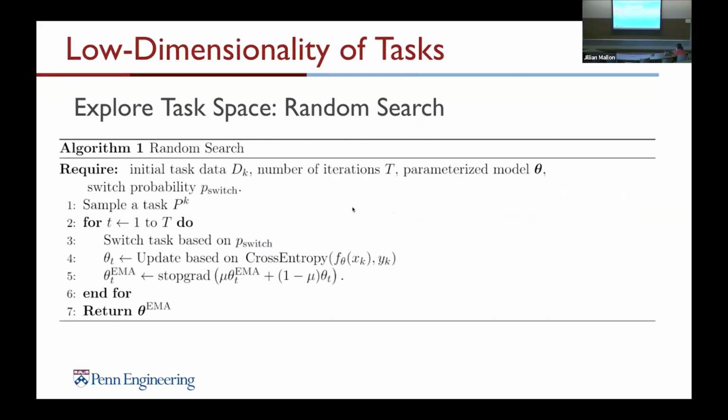And for each time step, there is a very small probability, P switch, to switch the task. Then we perform the training and update the model parameters, and in the end, we save and record the EMA version of the model, which is an exponential moving average. As you can see, it's basically a decay function with a stop gradient.